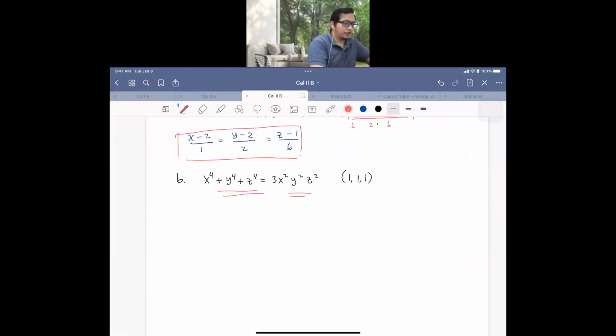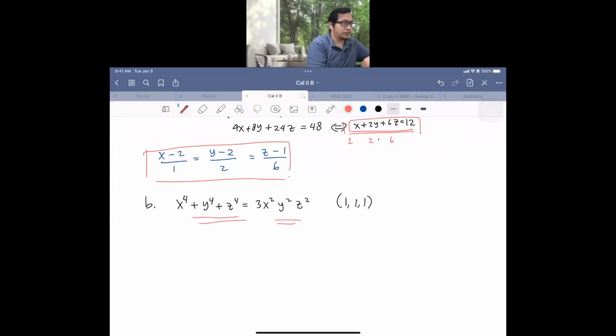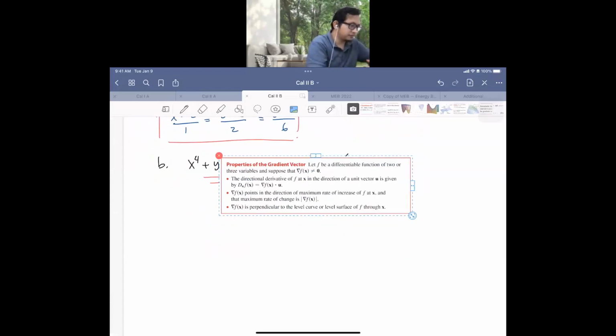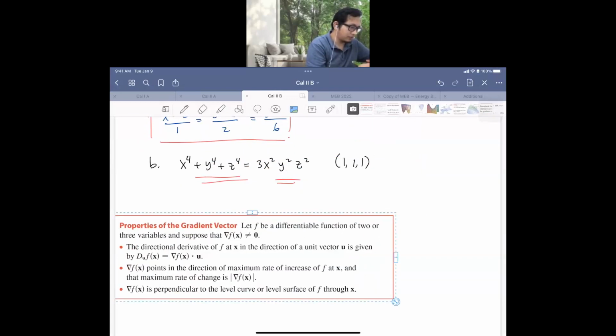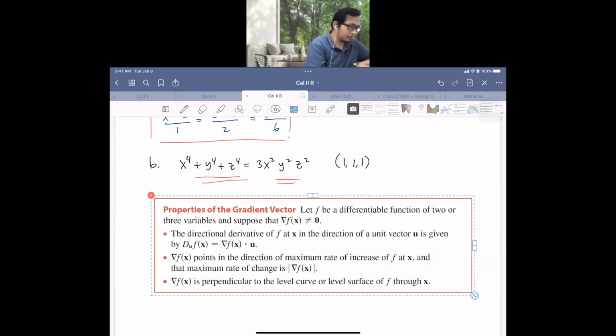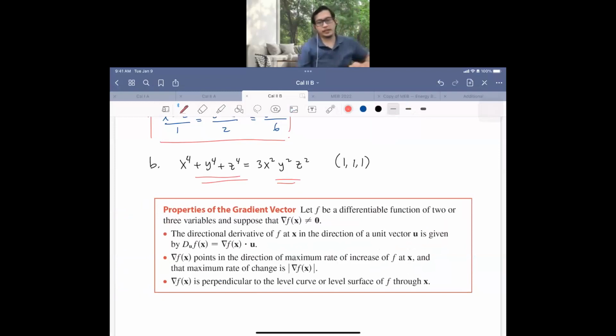Let me write what the implications for the gradient vector are and what the properties are in the summary. Okay, suppose that the gradient vector is not equal to 0. So the directional derivative we can write as this.